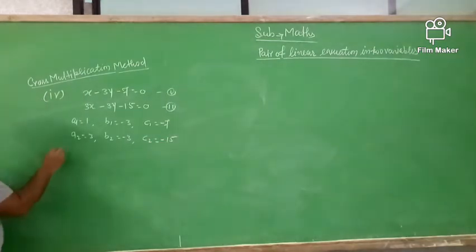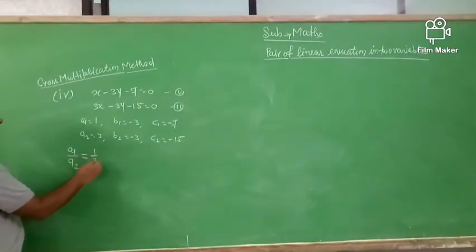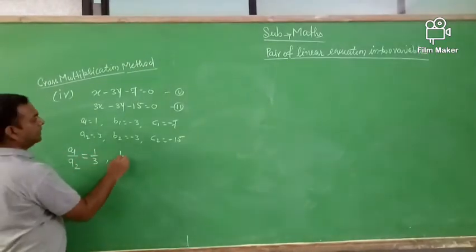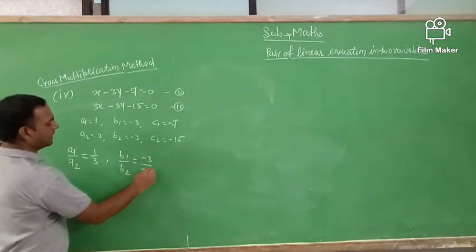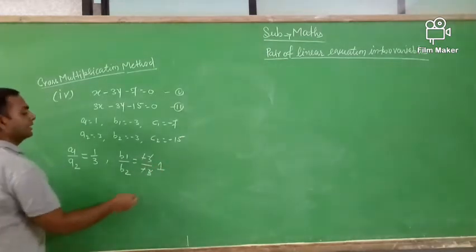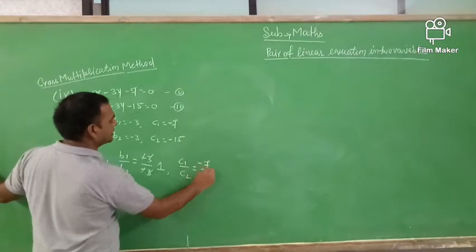Then A1 by A2 is equal to 1 by 3, and B1 by B2 is equal to minus 3 by minus 3, minus minus cancel, 3 3 cancel, so it is equal to 1, and C1 by C2 is equal to minus 7 by minus 15.